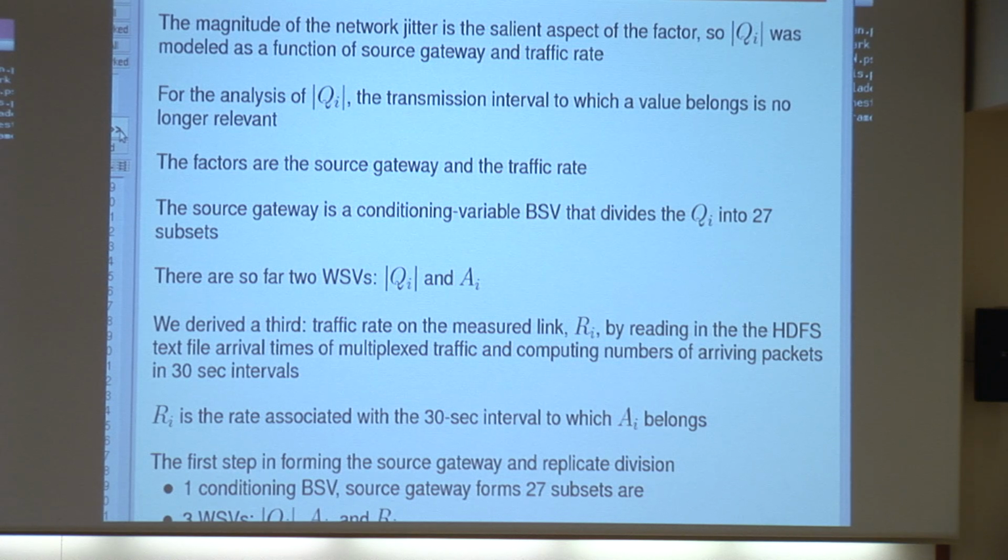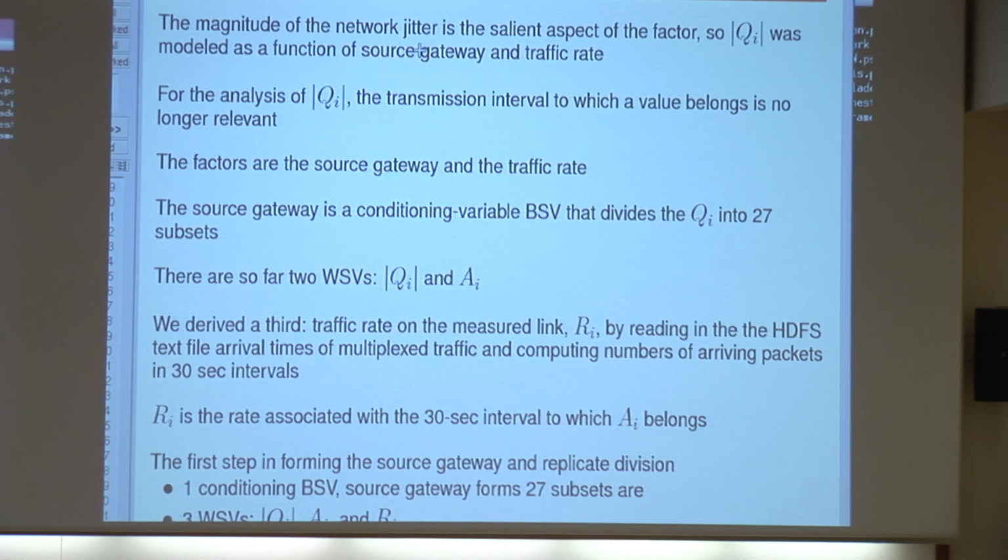So now we want to know about the network jitter, and what we're going to do is study the network jitter. We take those residuals and take their absolute values. We're going to study the absolute values as a function of source gateway and transmission rate on the measured link.